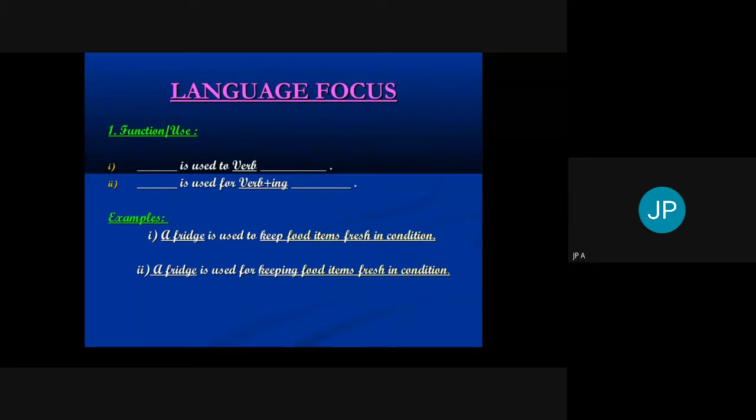If you are using the preposition for, then it will be keeping. So the fridge is used for keeping food items in good condition. So this is the first aspect that we discussed. That is, what is it? What is the use of the object?